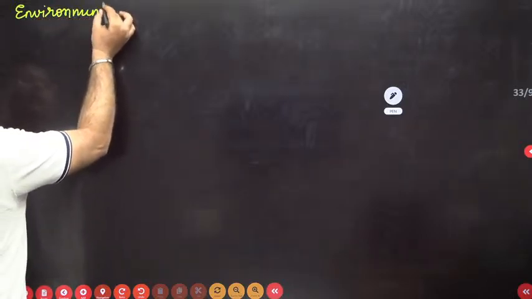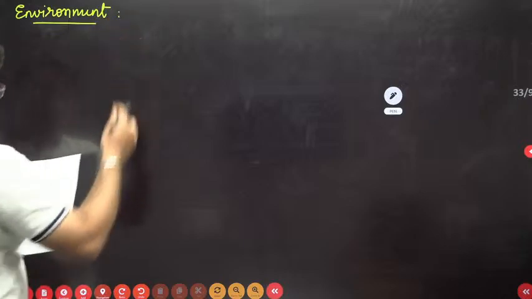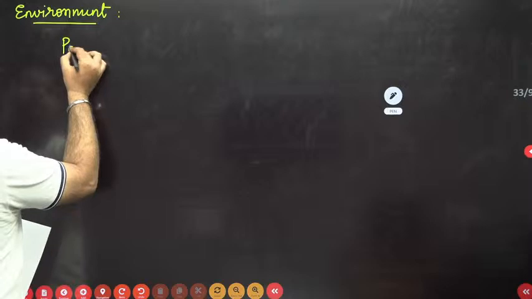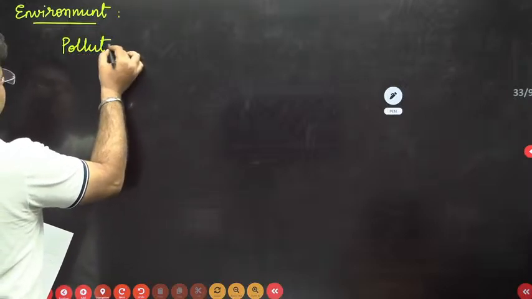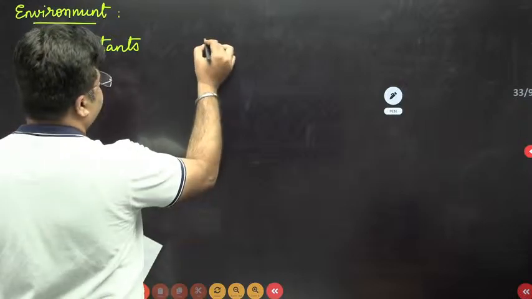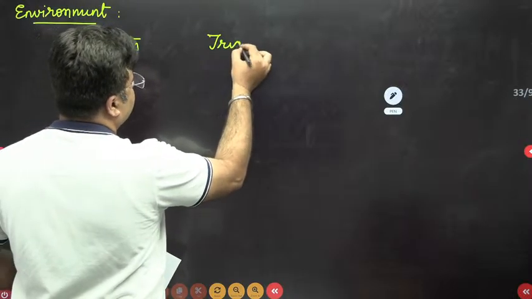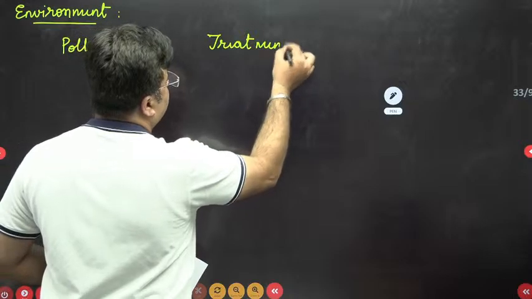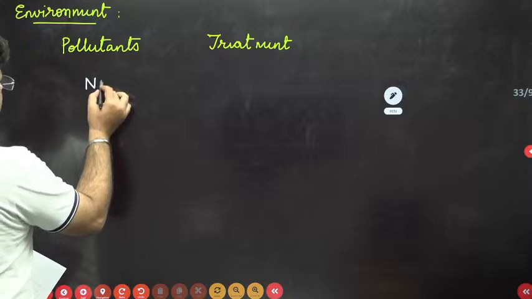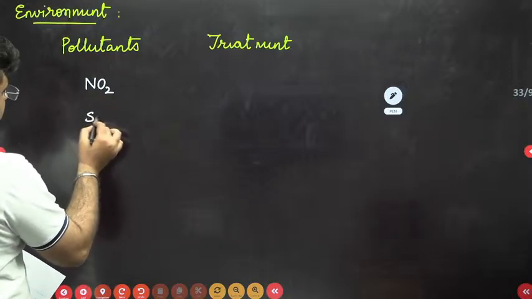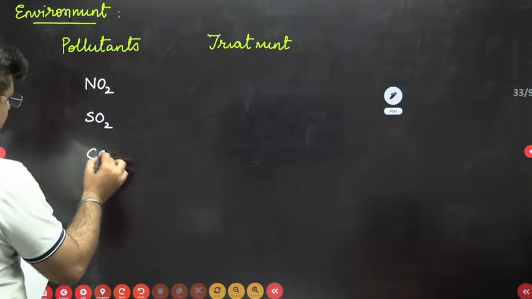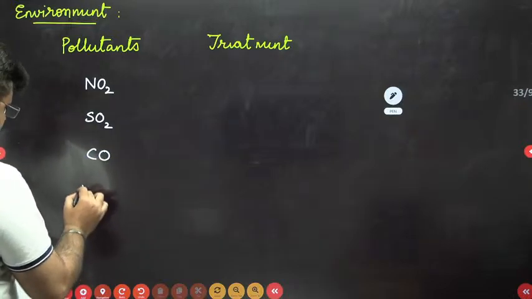It is related to air pollution. In the question, you need to match the columns. These are the pollutants, and in the second column, treatment techniques are given. The pollutants are NO2, SO2, carbon monoxide (CO), and particulate matter.